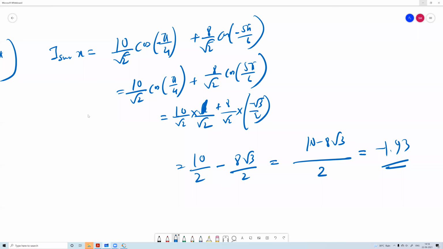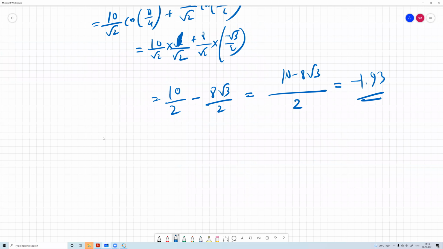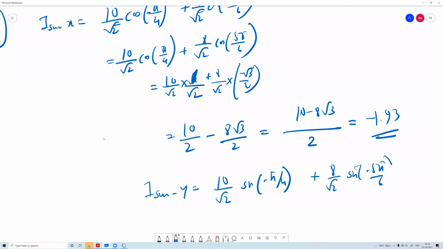Similarly, we can add the I sum y, that is 10 root 2 sine of minus pi by 4 plus 8 root 2 sine of minus 5 pi by 6.